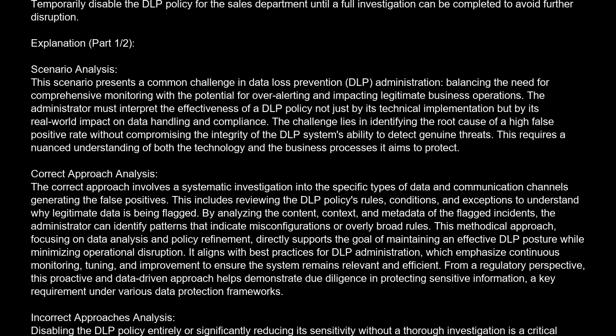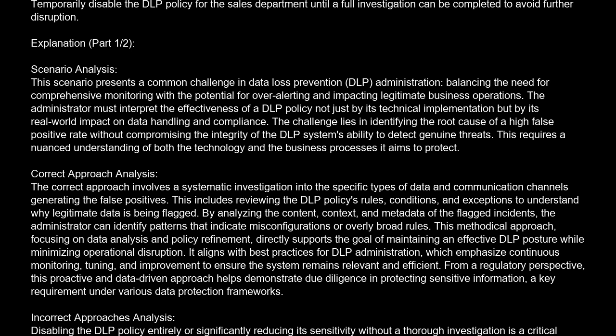Correct approach analysis. The correct approach involves a systematic investigation into the specific types of data and communication channels generating the false positives. This includes reviewing the DLP policy's rules, conditions, and exceptions to understand why legitimate data is being flagged. By analyzing the content, context, and metadata of the flagged incidents, the administrator can identify patterns that indicate misconfigurations or overly broad rules.